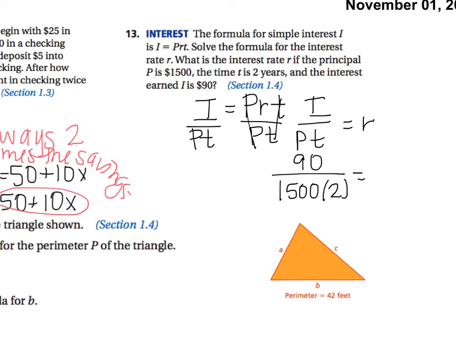So we have to go through and calculate that out. We're doing 90 divided by 3,000. And we get 0.03, or 3%.